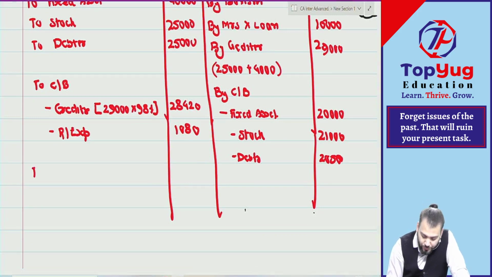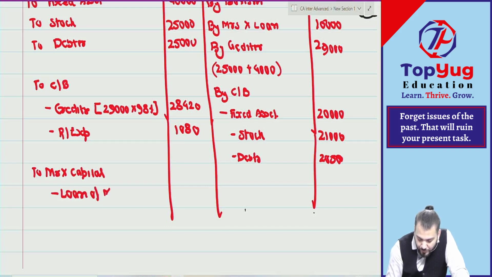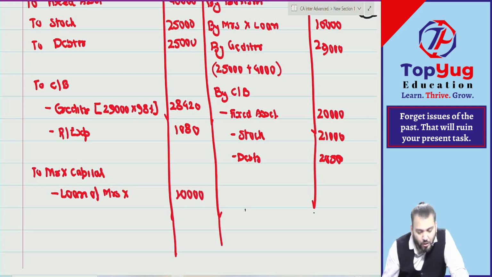So to Mr. X capital account, loan of Mrs. X, how much? It is 10,000. I think all points are done.